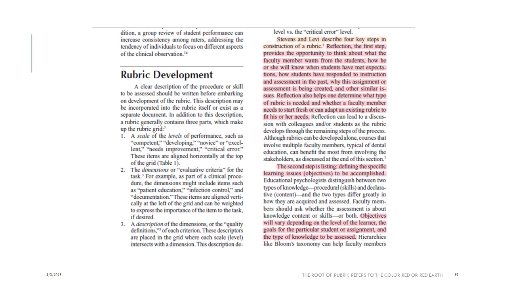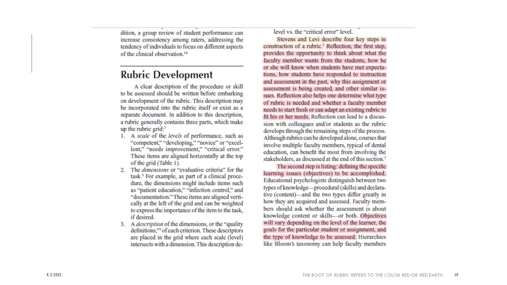So here also, rubric development. Stevens and Levy describe 4 key steps in construction of a rubric. Reflection is the first step. It provides the opportunity to think about what the faculty member wants from the students, how he or she will know when students have met expectations, how students have responded to instruction and assessment in the past, why this assignment or assessment is being created, and other similar issues.